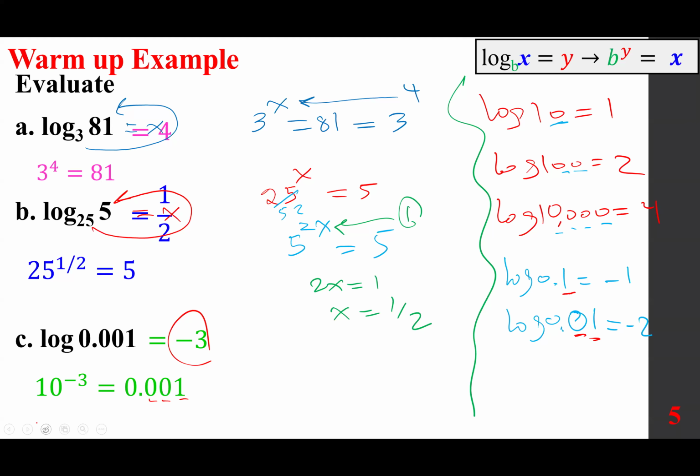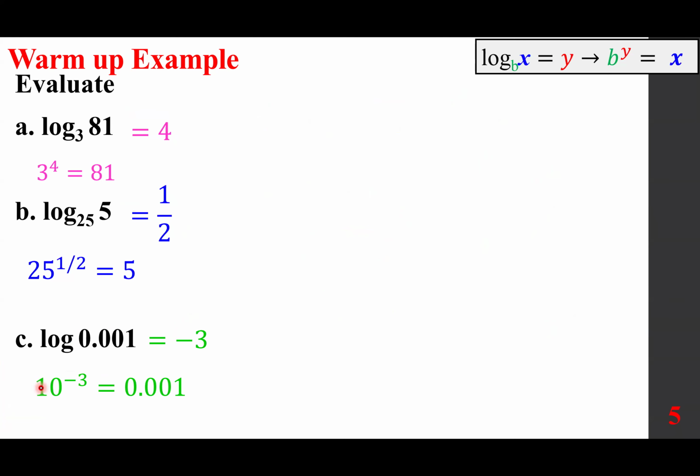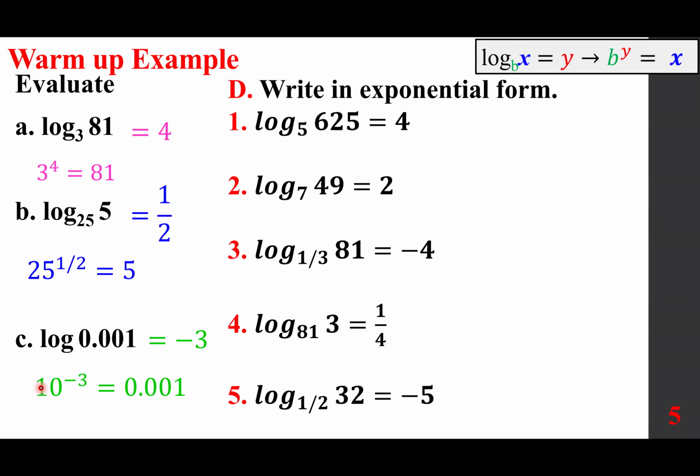Let me erase the work. And now we want to rewrite those accordingly. So we are going to go from logarithmic format to exponential format. So very simply, this is 5 to the power of 4 equals 625. So let me just put the arrow.